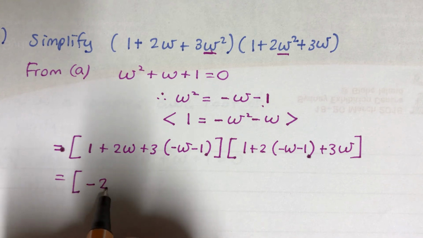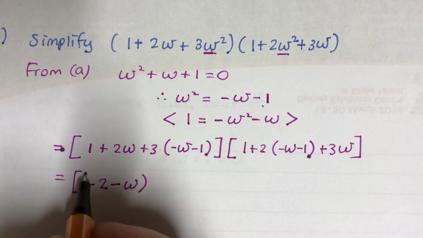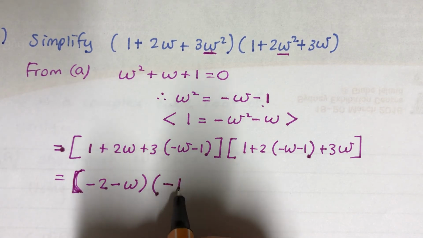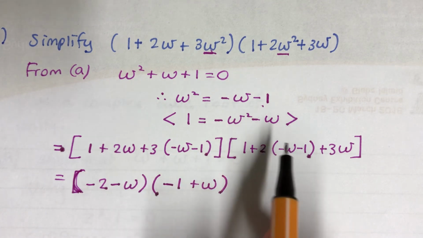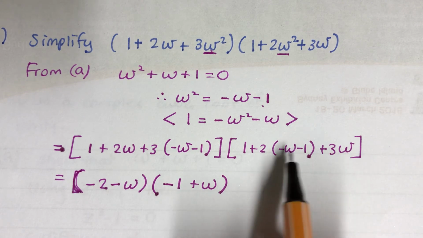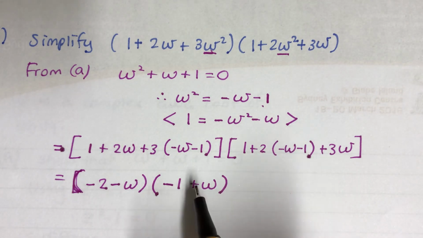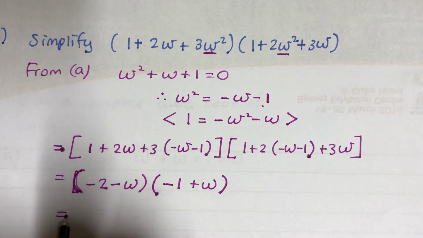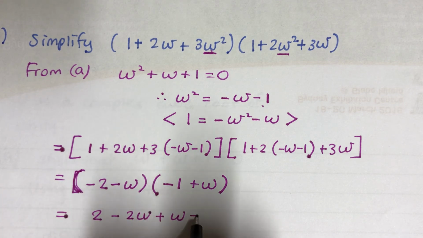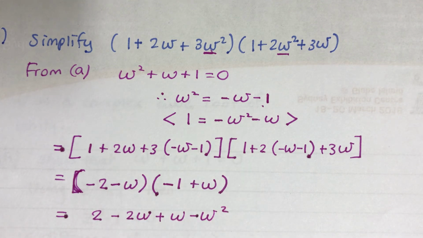We get minus 2 minus omega, in round brackets, minus 1 plus omega. If you take that out, minus 2 omega minus 2 plus omega, you add it and then take away. Now if I expand this one, I will get 2 minus 2 omega plus omega minus omega squared. Then I'll tidy up a little to be minus omega.